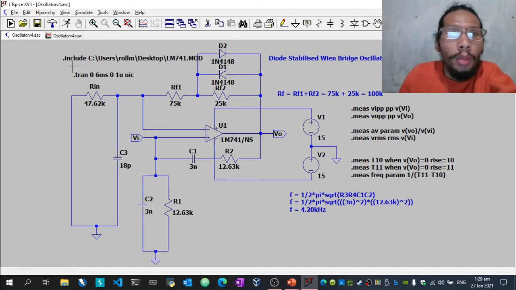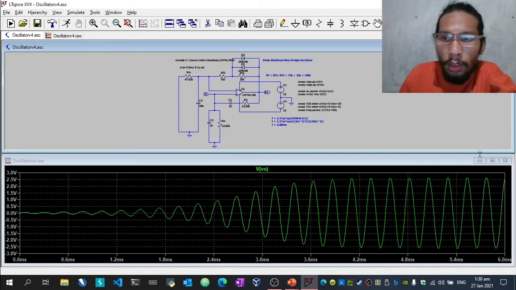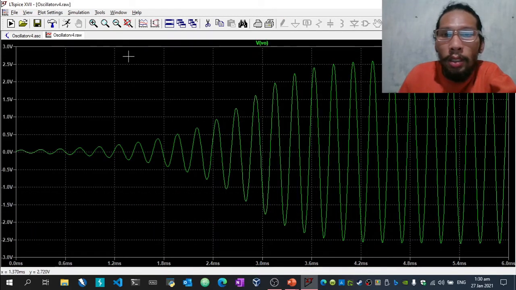So running the simulation button or the running man on the LTspice and clicking on the output, you can see the generated oscillation sine wave on the plot. To check for the frequency or resonance frequency of the oscillation, we can choose the stabilized wave at around 4.2 milliseconds.